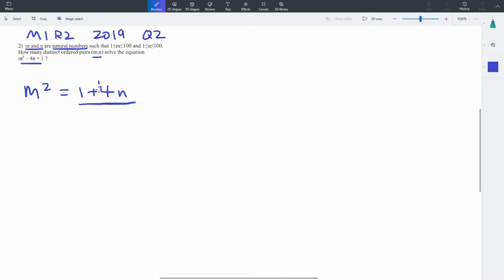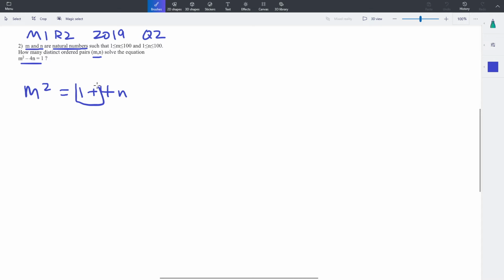The 4 here is very interesting, because all the multiples of 4 are even numbers. Anything that's a whole number times 4 will be even, because 4 is equal to 2 times 2. So in the prime factorization of 4n, we would have at least a 2 in there somewhere.